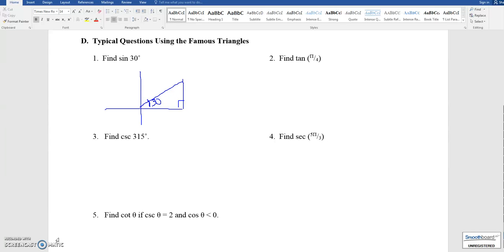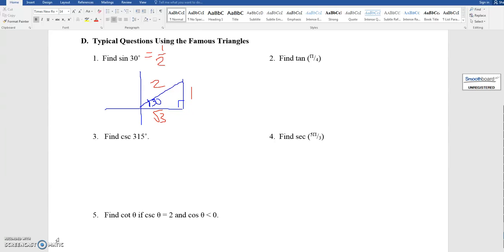If you remember, that would have been 1, this was square root of 3, and this was 2. And so if we are standing at 30 degrees, sine is opposite over hypotenuse, so sine of 30 degrees would be 1/2.